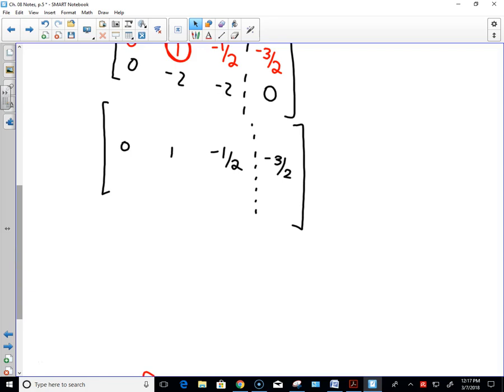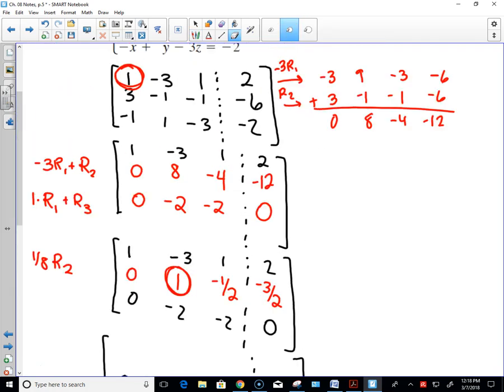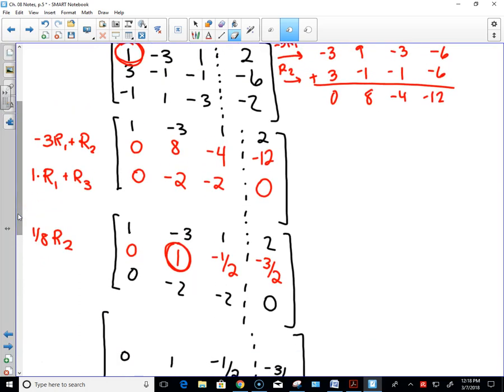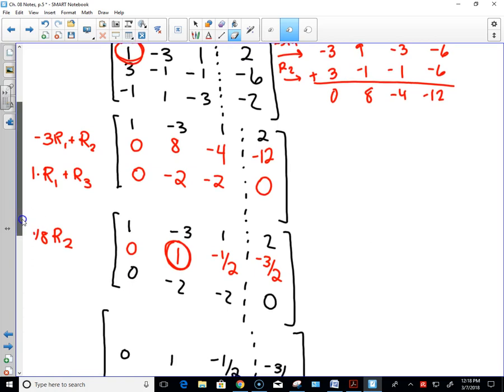There's a negative 3 and a negative 2 that she has to get rid of. Wait, this is after the 1.